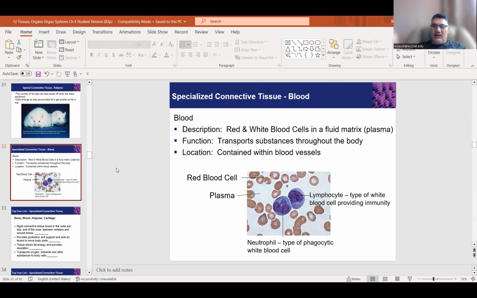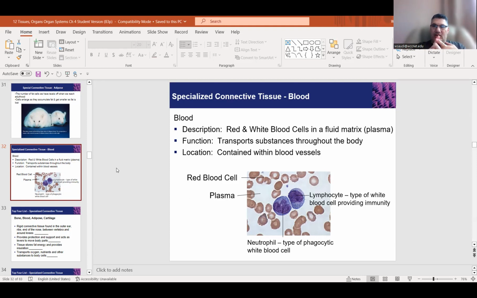What's the function? I think we all know the function of the blood. Transport. Transport what? A lot. Transport oxygen, send it to the cells. Transport carbon dioxide, go to the lung, get rid of it. Transport of nutrients.